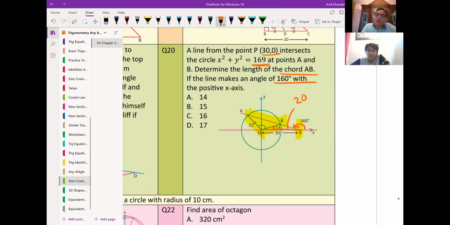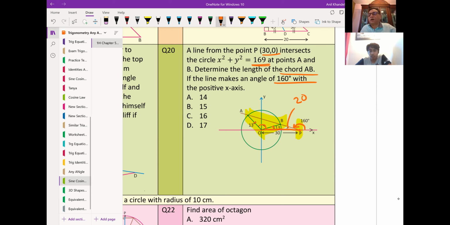Now I can find the other angle. Once you know this angle, you can solve using cosine law.